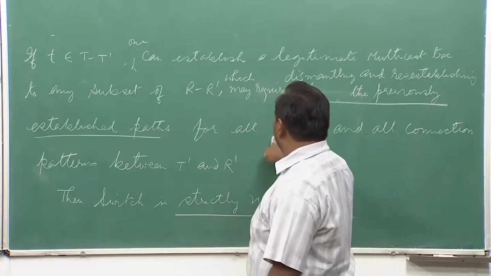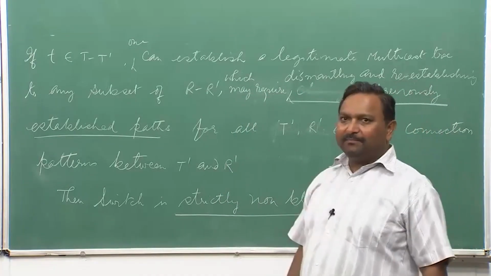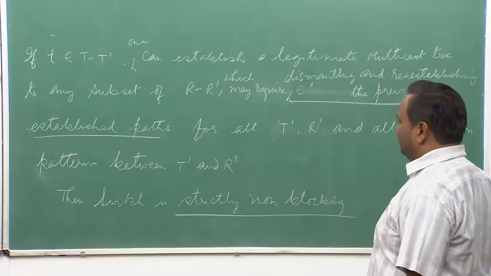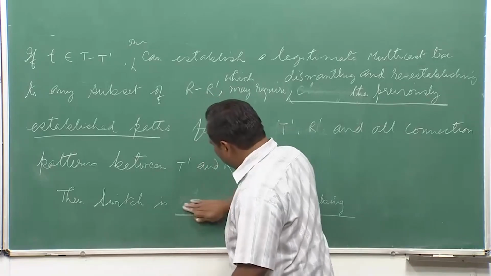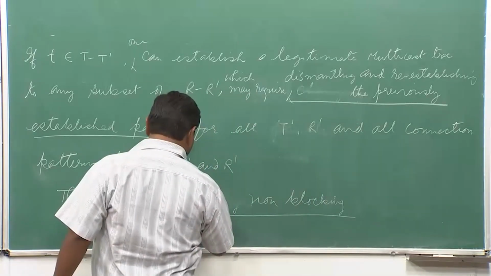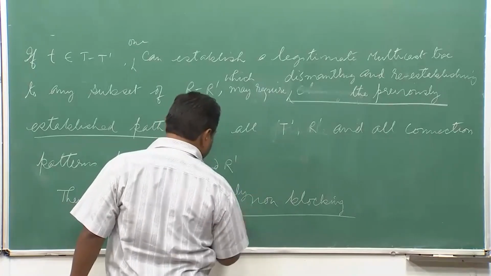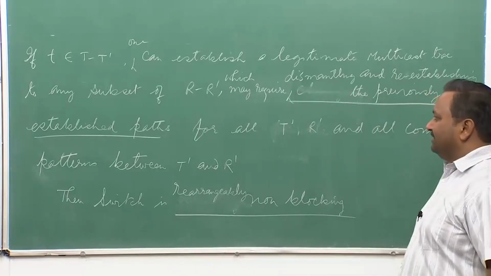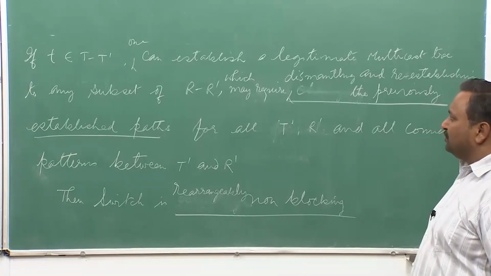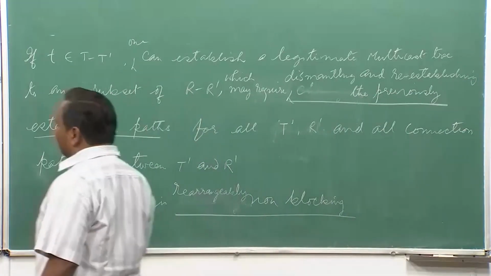And this should be true for all T prime, R prime and all connection patterns between T prime and R prime. Then the switch is rearrangeably non-blocking, that is the second category. So, we call it rearrangeably non-blocking property.